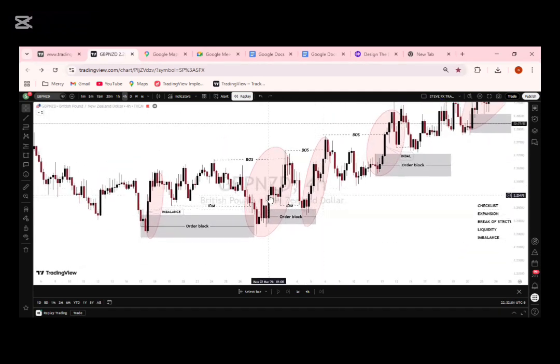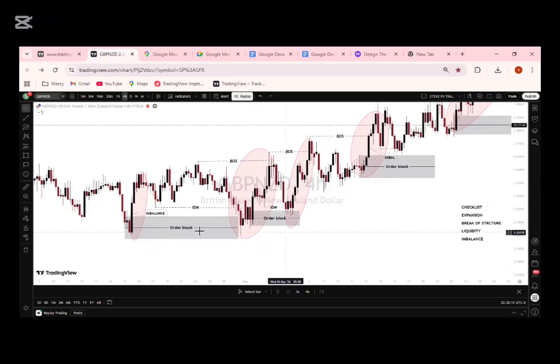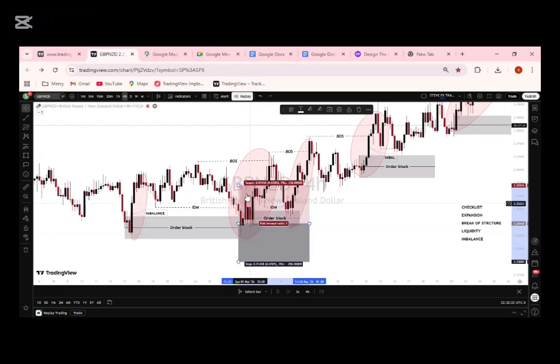So considering this checklist that we've named over here and applying it to this particular order block, we can see the probabilities from this order block.